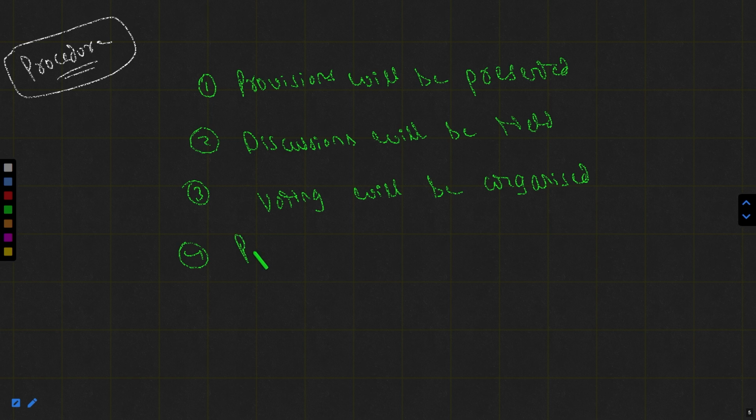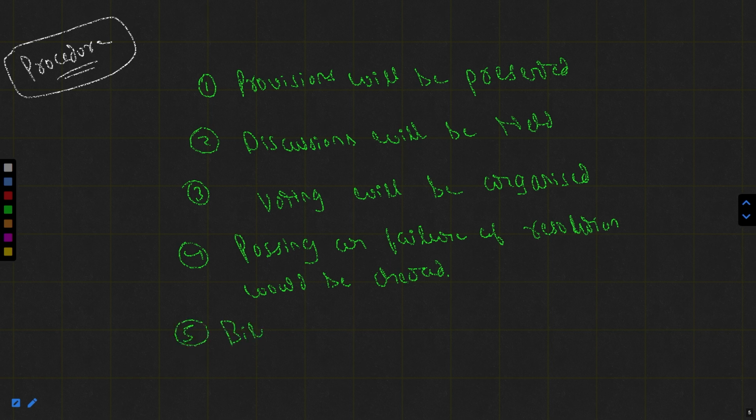Then passing or failure of the resolution would be checked. And at last, the bill goes for presidential assent. Okay, so this is a rough procedure just to get an idea.